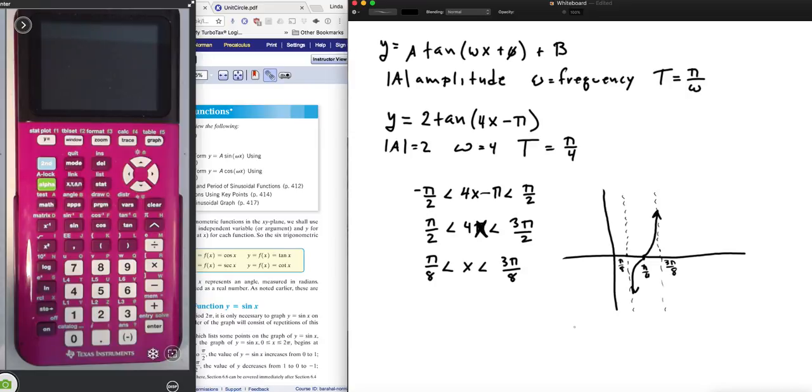Just to sum this all up, let's make a little summary page here.